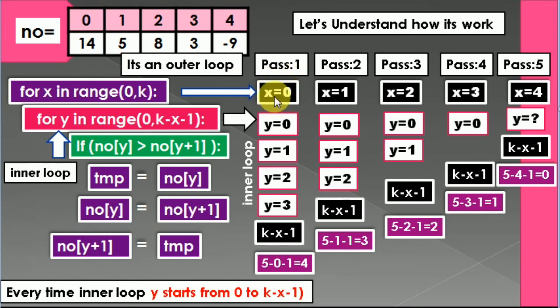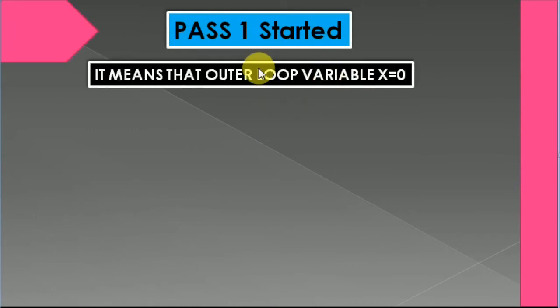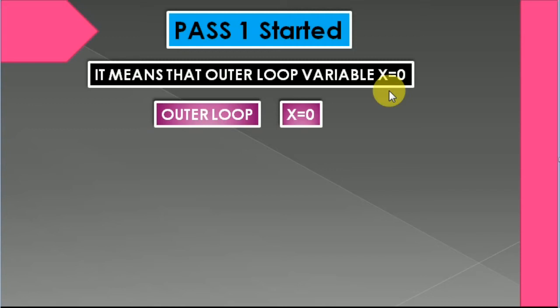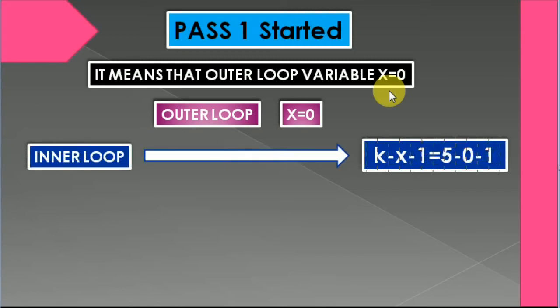So let's move. When pass 1 is started, at that time the value of the outer loop x is 0. That means x is sitting at 0. So outer loop x is 0 and the inner loop is k minus x minus 1, that is 5 minus 0, the index value of x, minus 1.